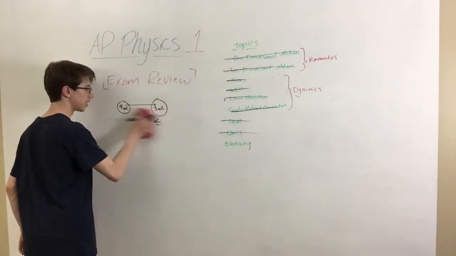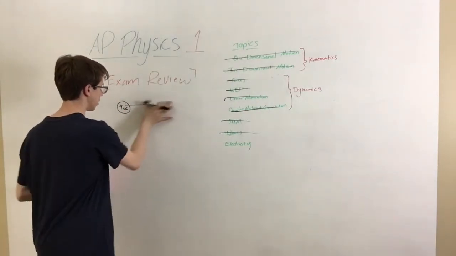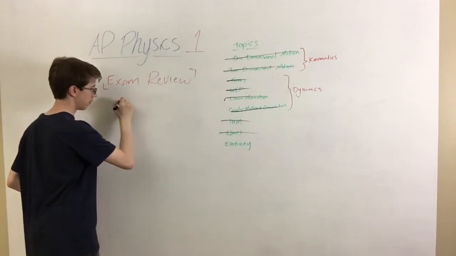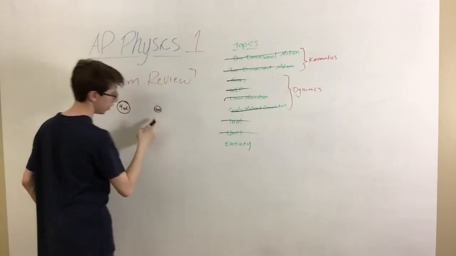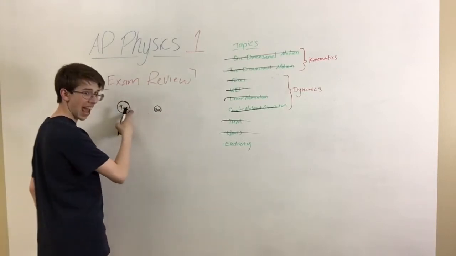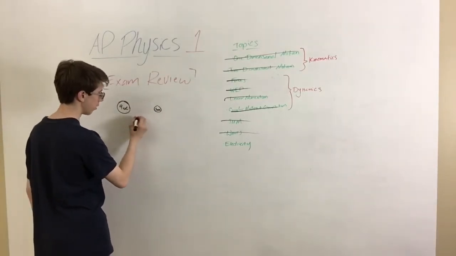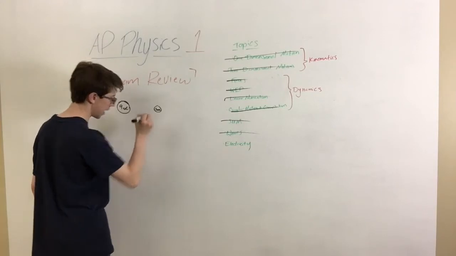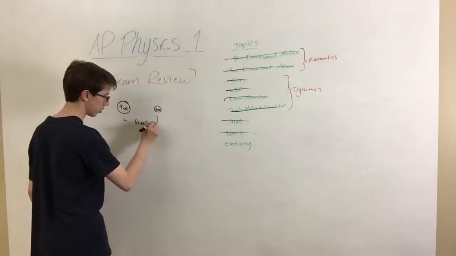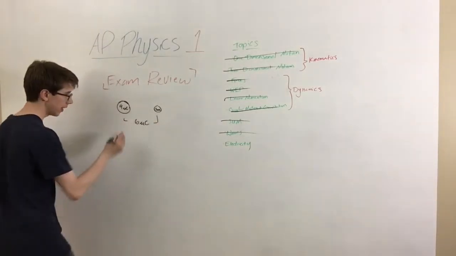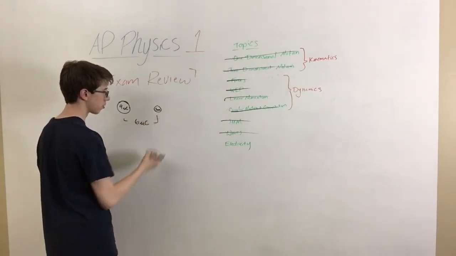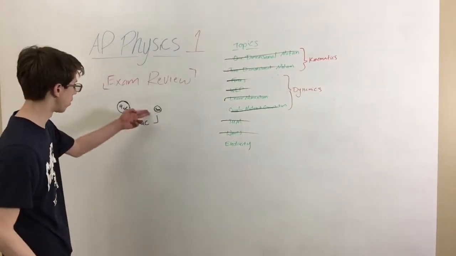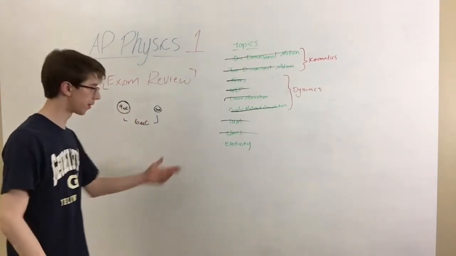So say that we still had the same charges, right? However, this object is half as large as this one. Well, the total charge is going to stay 6 microcoulombs. However, it will not give 6 microcoulombs to this one, which is how much it gave before to make 3 and 3.